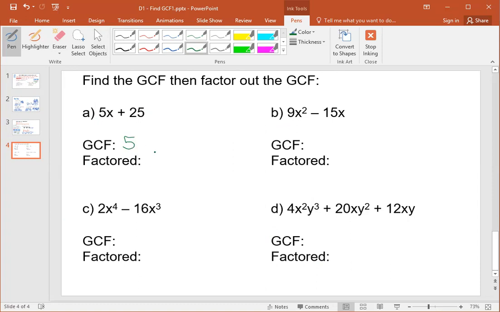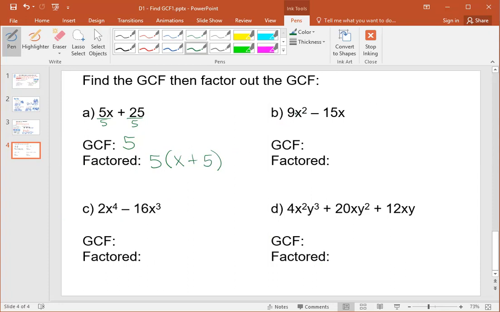So factored form is I take the 5, and now I'm going to divide everything by this GCF. When I divide the 5 away, I'm left with x plus, and 25 divided by 5 is 5. So that is our final factored form.